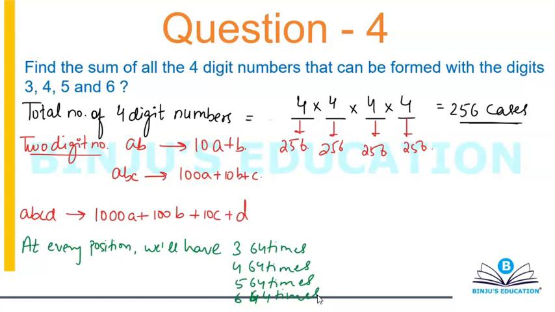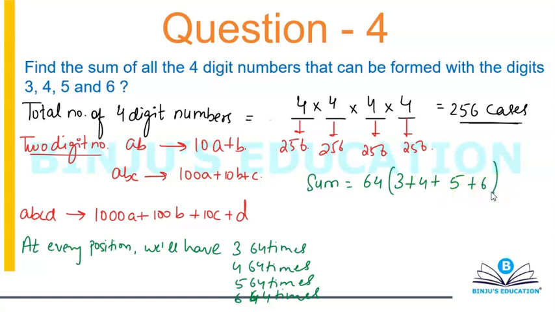Which means if I only talk about the sum of the digits at a respective position, the sum will be equal to 64 times (3 plus 4 plus 5 plus 6).